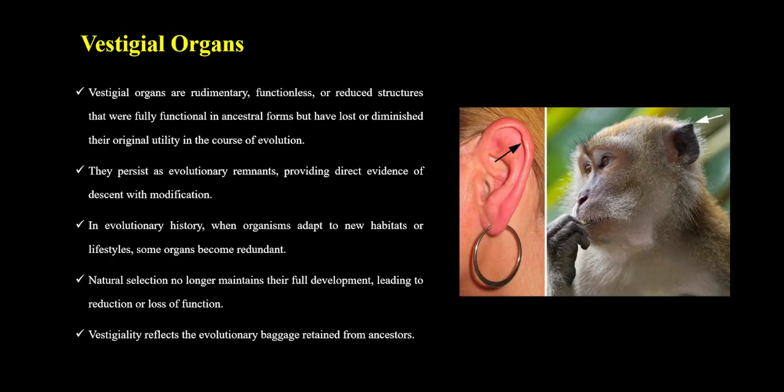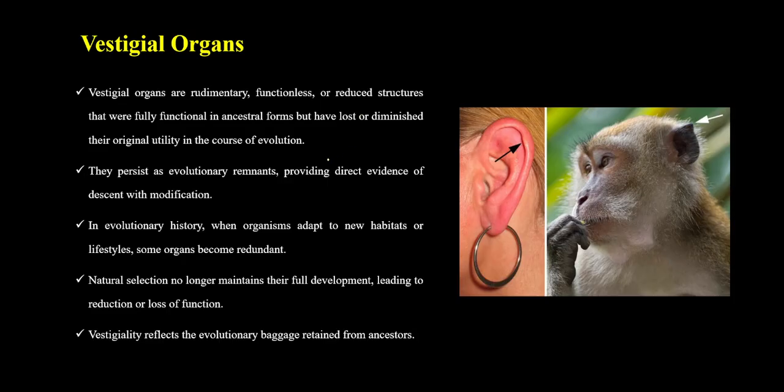Then the vestigial organs. Vestigial organs are basically those organs which are functionless in the current generation, but they had a function in their ancestral forms, right? They don't have any function now, but they were functional in the ancestral species.